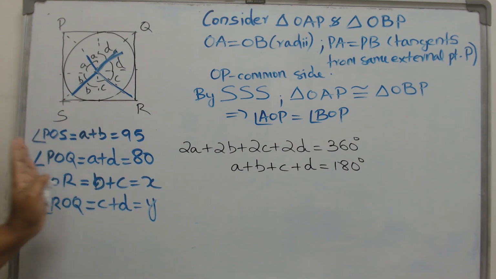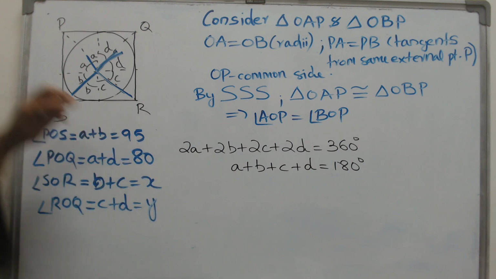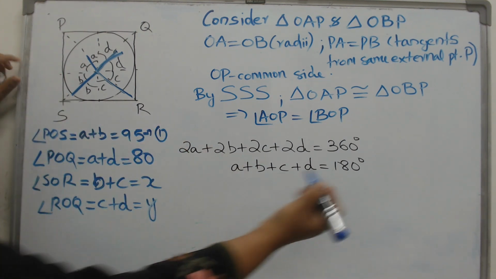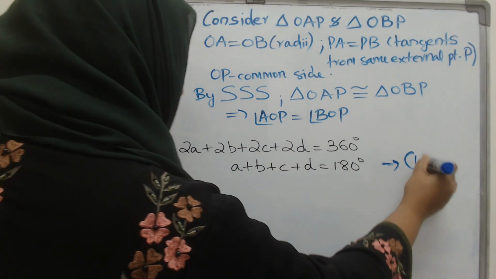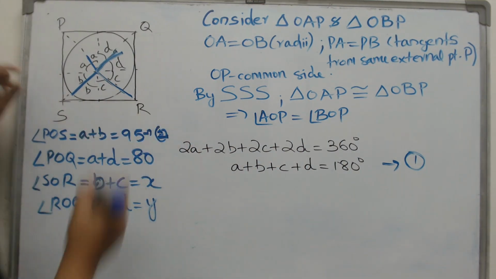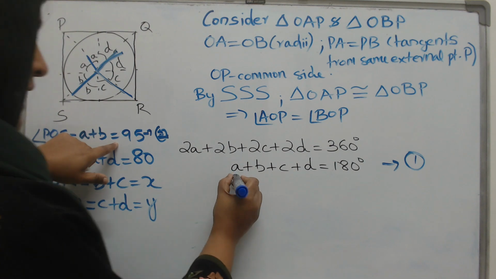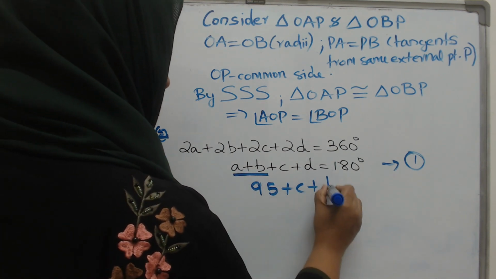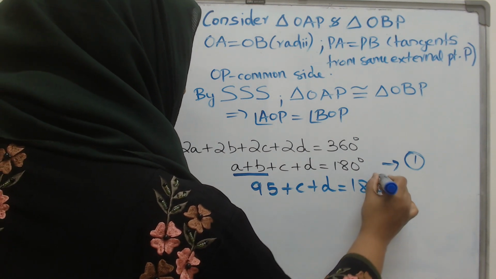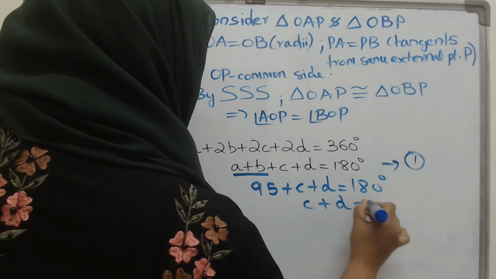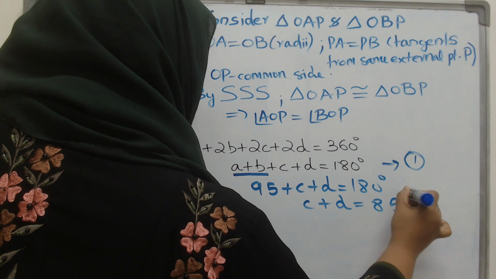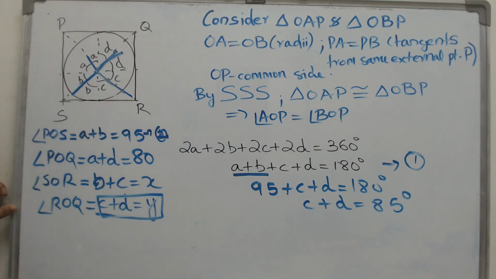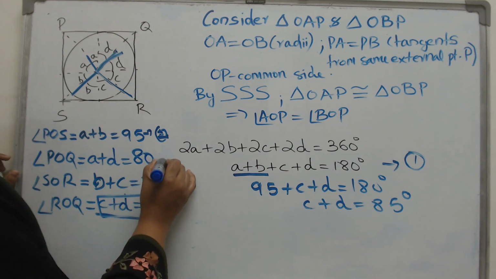So now let us substitute these values here. Go for the first one, 95. I will name this as 1 and this as 2. If A plus B is 95, then what is C plus D? It is 85 degrees. But what is C plus D? C plus D is Y. Next, substitute this value.